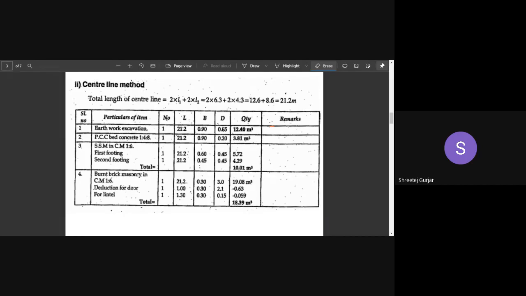The second stage is preparing your abstract by multiplying the quantities with your rates, and then calculating the total cost of your project. That is not asked in your problem, so we will not do it now. We will just understand the important thing, that is calculating your quantities using long wall, short wall. If you have any doubts, you can ask now.